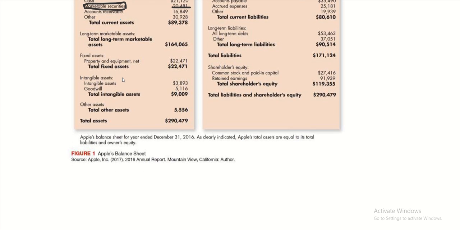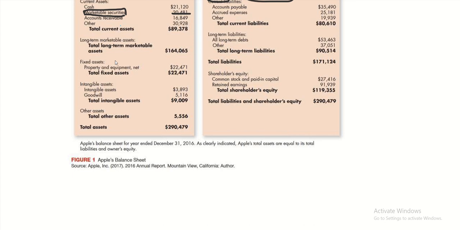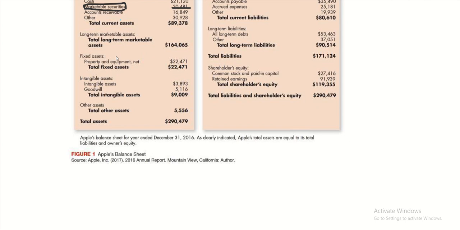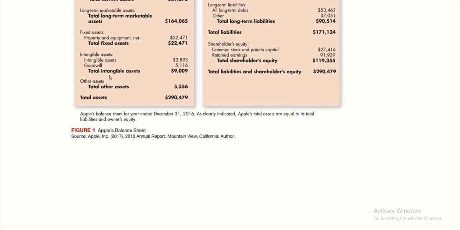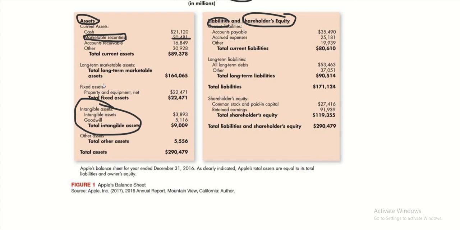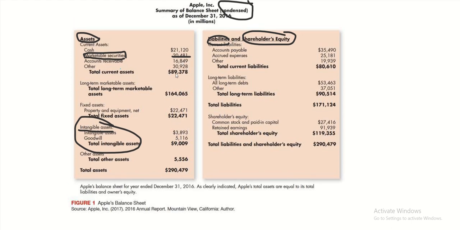And long-term marketable assets is basically the same, as it's long-term government bonds or similar things. And also, we can see that there is another column called intangible assets. So that is not covered in the balance sheet of the IB curriculum, because many companies won't include intangible assets. The reason for the firm to include intangible assets is usually because Apple has acquired a lot of firms.